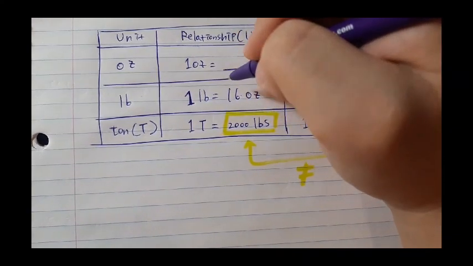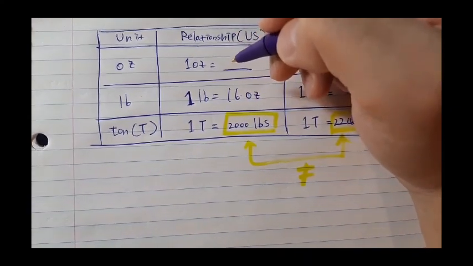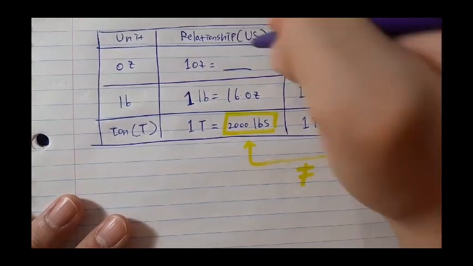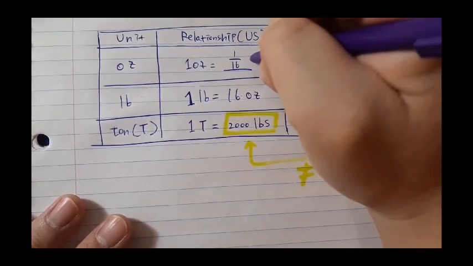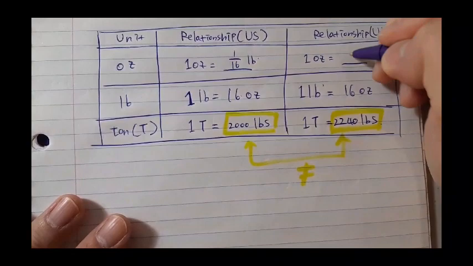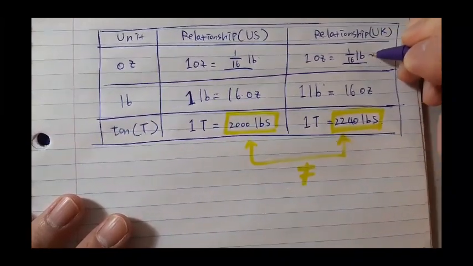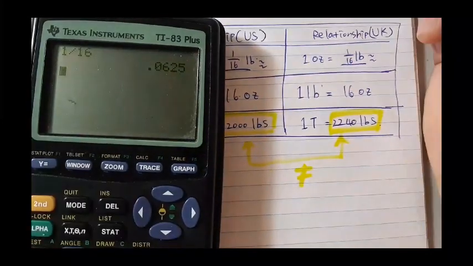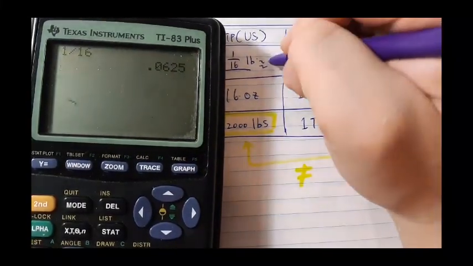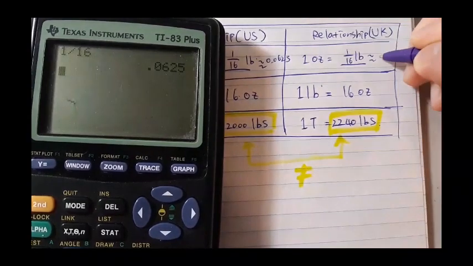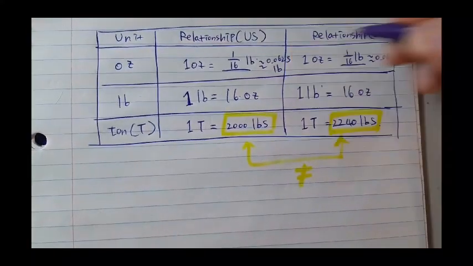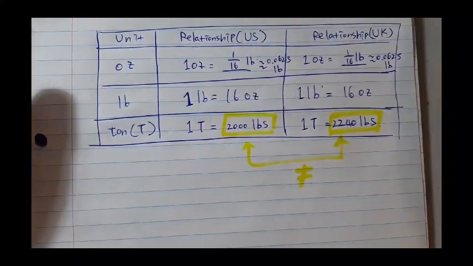I don't like to use decimal system because it's going to end up having nasty numbers. But feel free. You can put 1 over 16 pound. If you like to put it as a decimal, 1 divided by 16 is 0.0625. It doesn't matter which one you use.